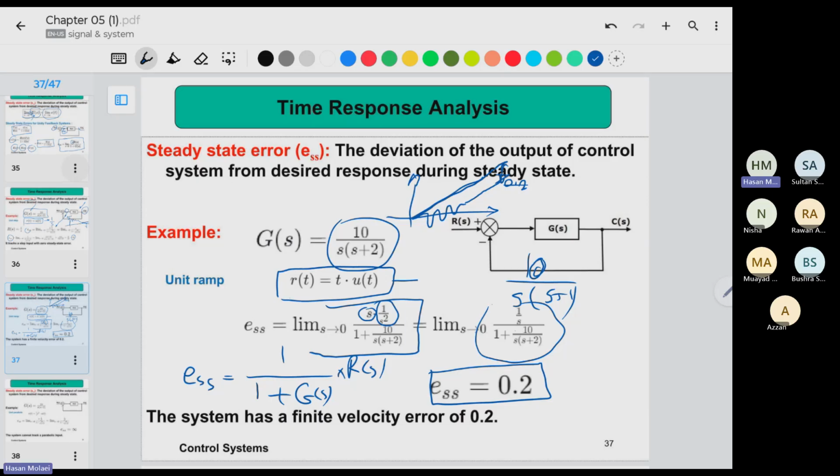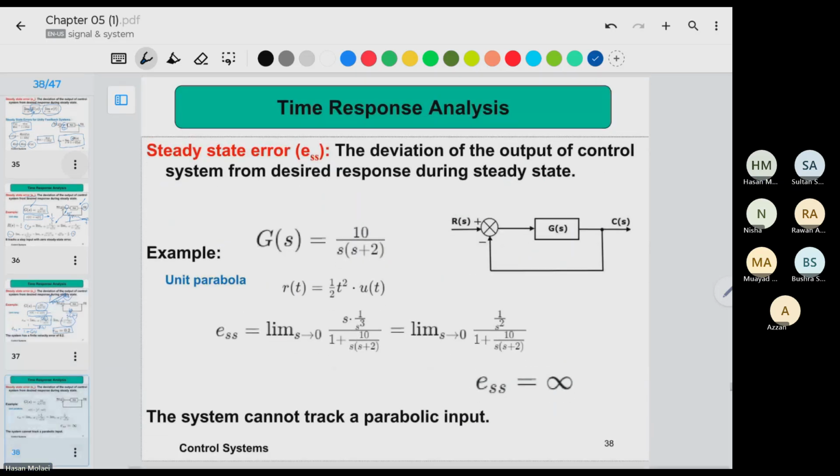This system, we can tell that it can still track, but with some remaining error. In some cases, this is still acceptable. You have a system that is tracking with some error. But in the perfect case, depending on the input, if you are using this kind of input, you would like the output to follow your input perfectly with 0 error. But in some cases, this is also acceptable.